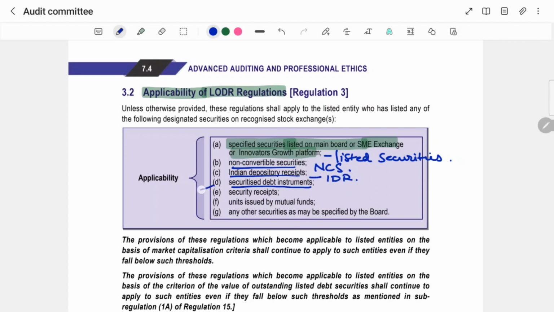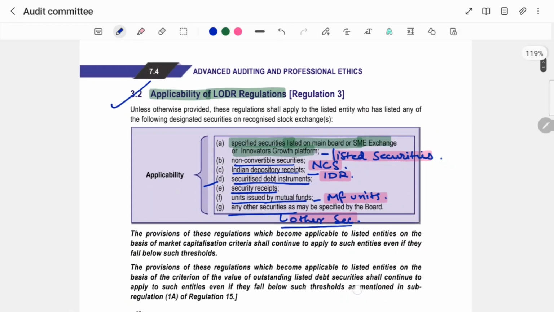Then is securitized debt instruments, security receipts, mutual fund units, that is units issued by mutual funds. And then there is any other securities. If we recall it, there is listed securities, non-convertible securities, IDR, that is Indian Depository Receipts, mutual fund units, and the last one is any other. This was also easy to recall.